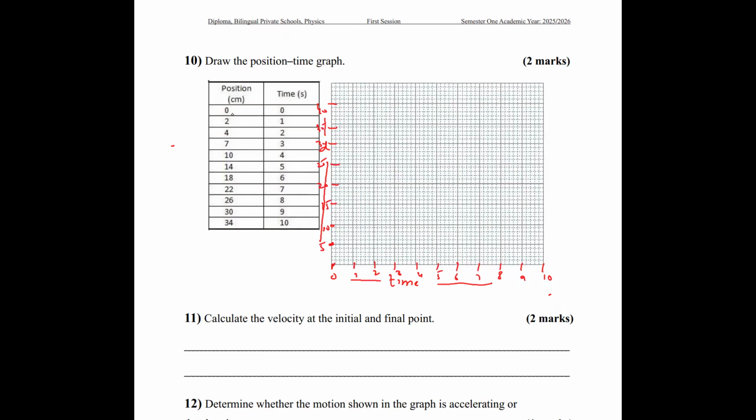Now the second thing is, if time is 0, position is 0. So this is my first point. Time is 1, position is 2. So this is my second. Time is 2, position is 4.